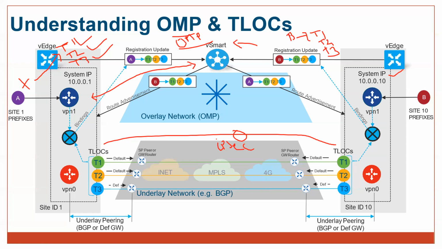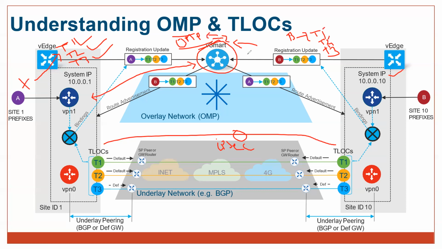Yes, yes. So here you can think that this is T1 dash 1, T2 dash 2, T3 dash 3. So here you have normal T1, T2, T3. Here you have T1, T2, T3 dash 1, 2, 3, like that you can think. Okay. Now vSmart knows how we can reach this, and how we can reach this.